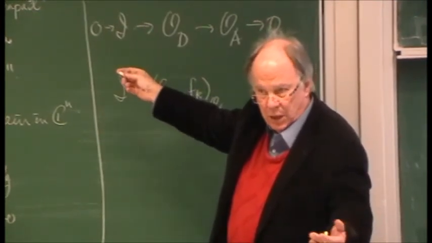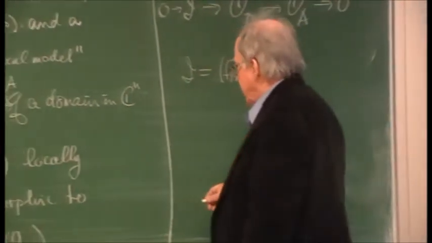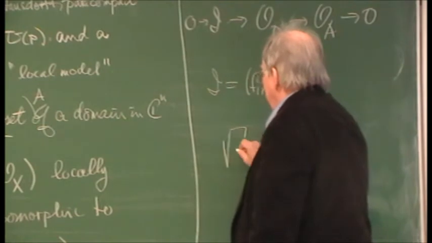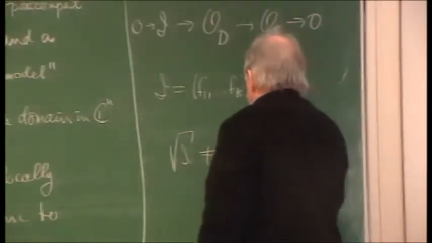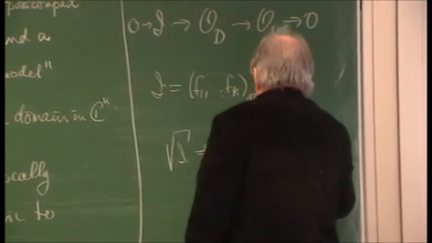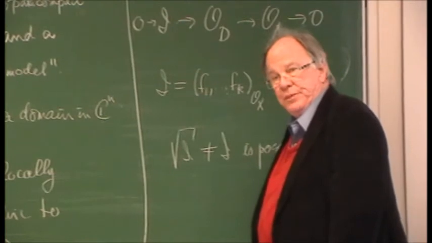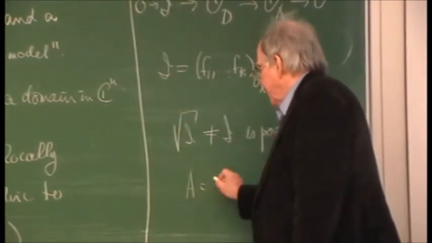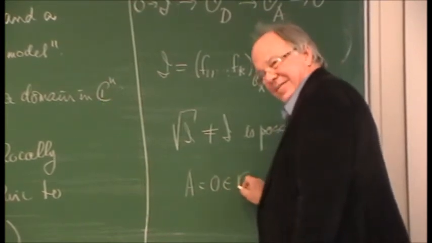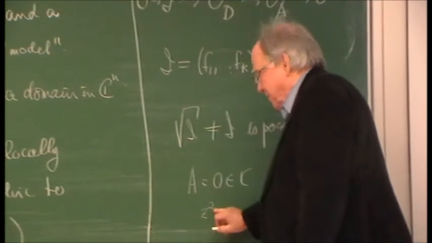Now, this is a sophisticated definition because it is very possible that the radical of I is not equal to I. You know that, of course. So what's going to happen here, for example, if A is the origin in C, maybe the function you've taken is Z squared.